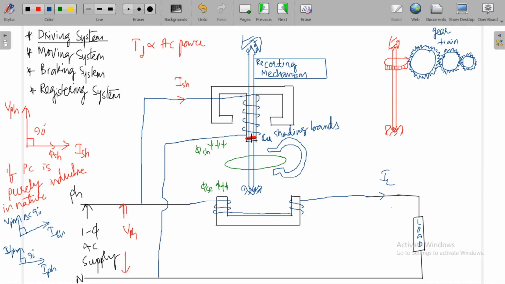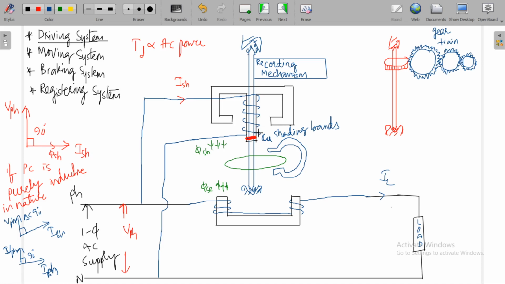By changing the position of these copper shading bands, I can change the angle between ISH and V phase. So lag adjustment can be made by placing copper shading bands on the central limb of this shunt magnet.